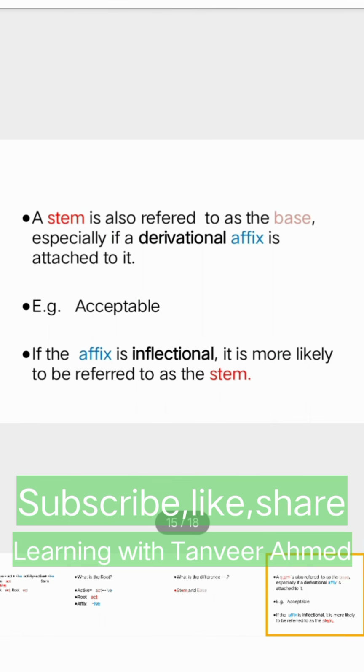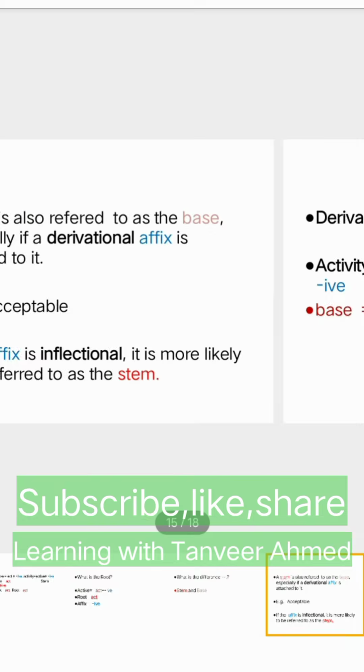For example, "acceptable" here is base, behaving as a base for further making a word into, for example, "unacceptable". Here, if the affix is inflectional, it is more likely to be referred to as a stem. It means what makes the word base or stem depends upon the kind of suffixes.